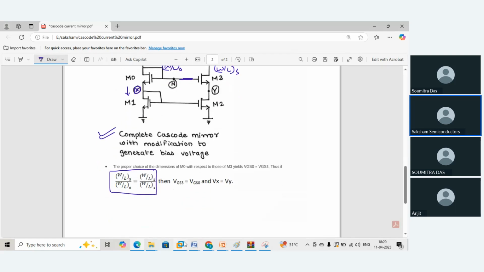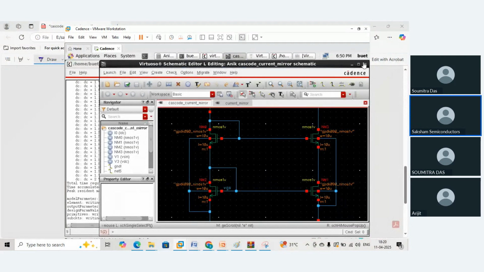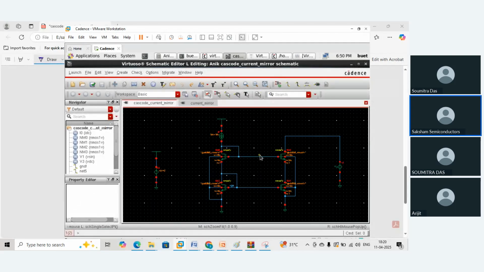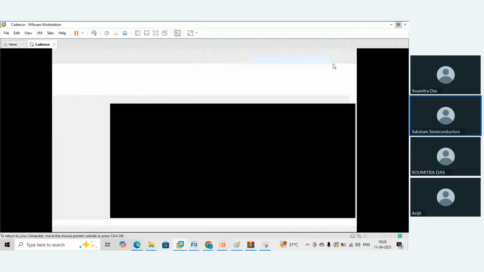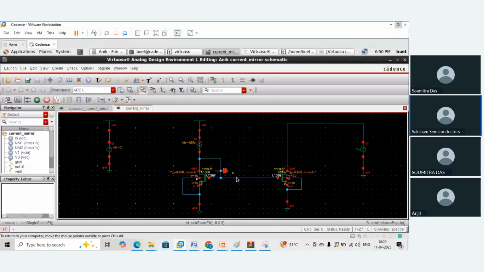So now, based on this entire exercise, I have already built the simple current mirror with the cascoding approach. And now our job is to see whether we can repeat the entire exercise one more time. This was yesterday's current mirror, where you had only one MOSFET through which you were generating the reference current.